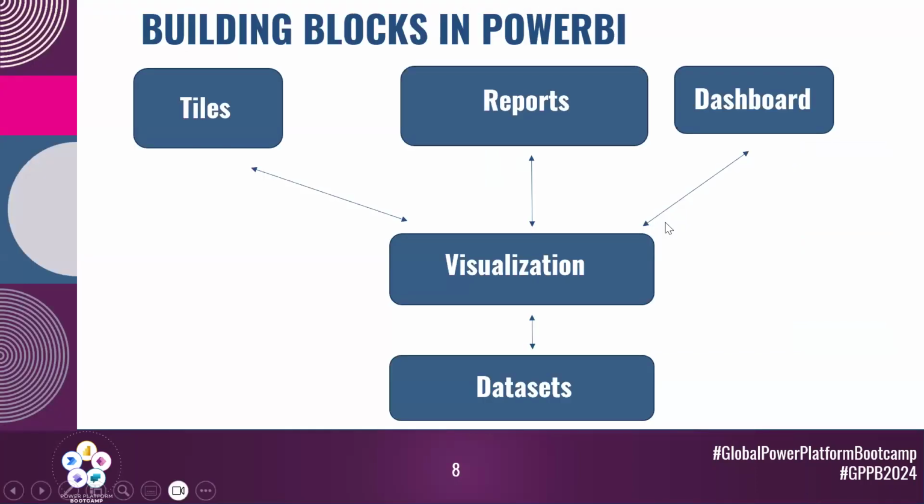Okay. Now, the building blocks in Power BI. When you are building a house, I always use this as an example. What's the first thing? You start building from the foundation upwards. You have to get to your lintel level before you do your roofing.